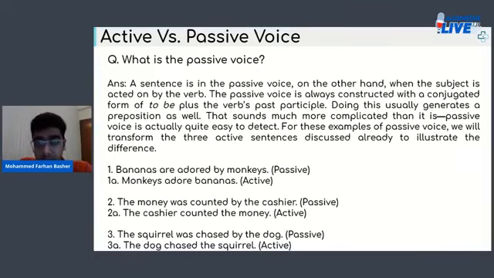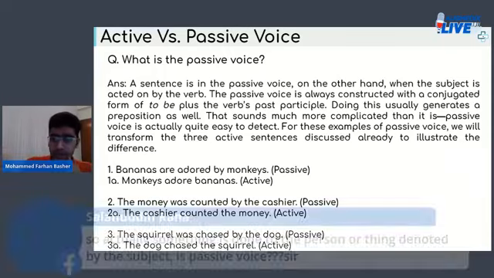But in the passive voice, the subject is acted upon by the verb. The verb is the main focus here, and it also increases the focus on the object of the sentence, the word that was the object in the active voice. So the dog chased the squirrel, active voice, but in the passive voice, it becomes the squirrel was chased by the dog. Okay? All right.